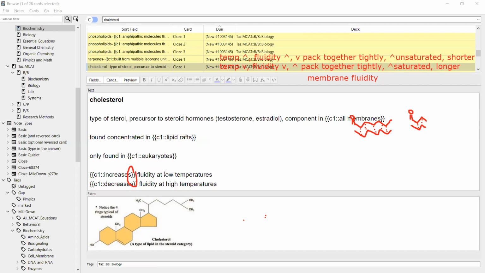However, at low temperatures, it's very cold, and the chains want to pack together. Because it's bulky, it prevents the complete packing of the chains. In that way, it increases fluidity at low temperatures. So notice that it has the opposite effect depending on which extreme we're at. That's why it's considered a fluidity buffer, because it prevents it going extreme.